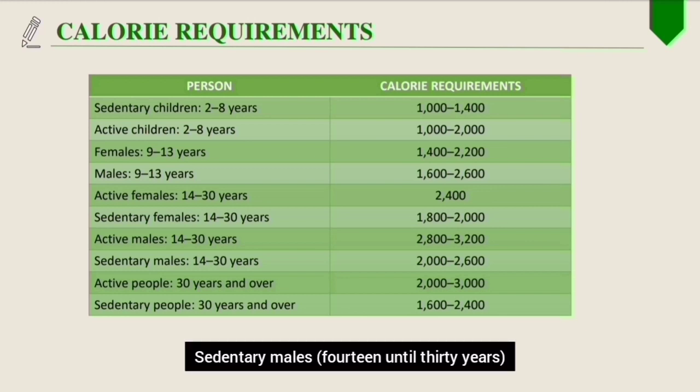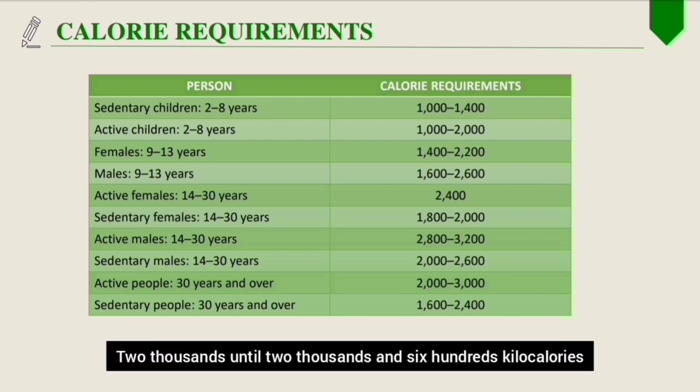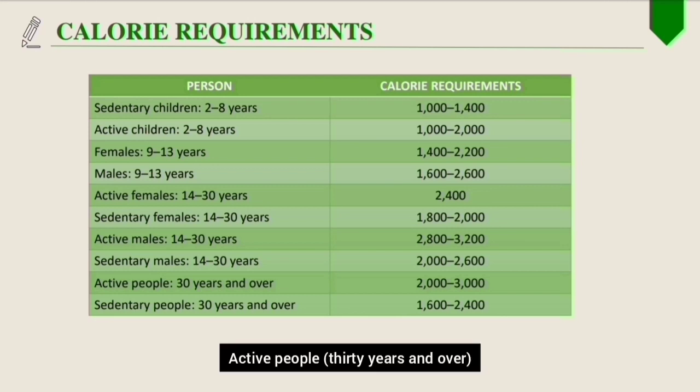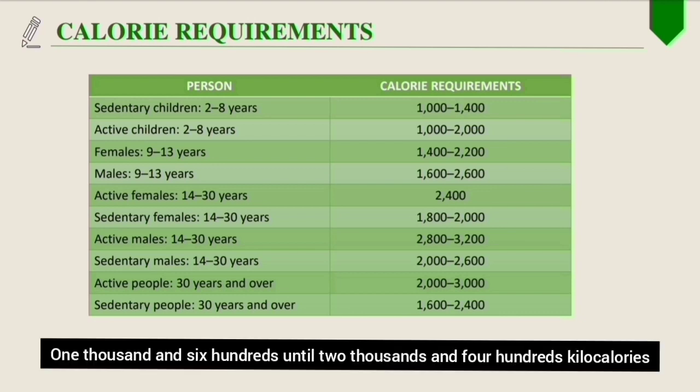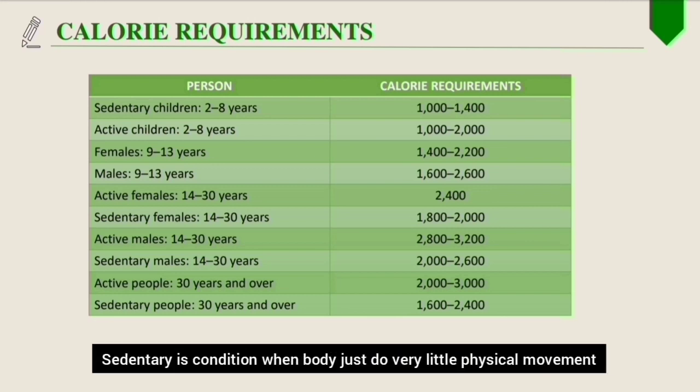Sedentary males 14 until 30 years, 2000 until 2600 kilocalorie. Active people 30 years and over, 2000 until 3000 kilocalorie. Sedentary people 30 years and over, 1600 until 2400 kilocalorie. Sedentary is a condition when the body does very little physical movement.